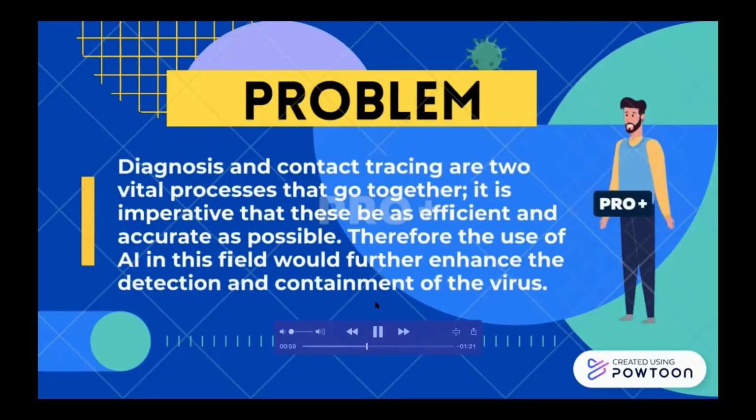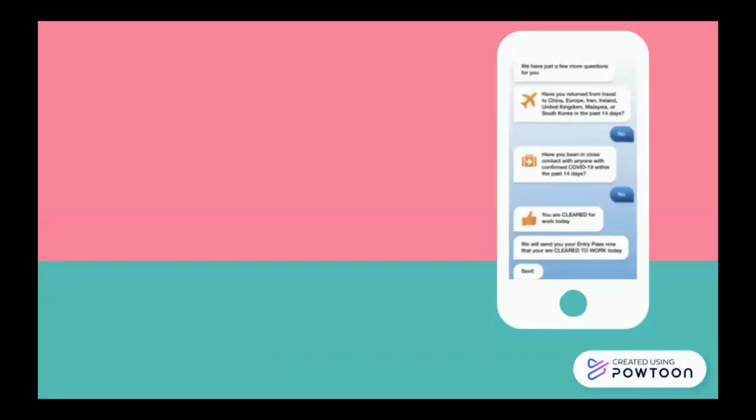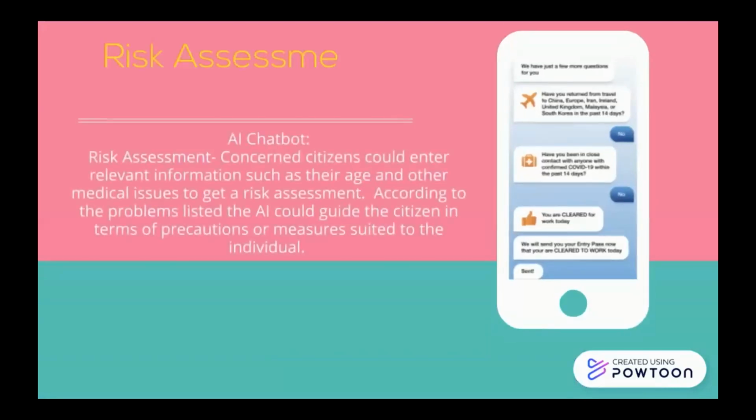Now I'll be outlining the main features of the app and how they work. The first one is risk assessment and diagnosis. Like a lot of people mentioned, the AI chatbot is part of my app. The AI chatbot would ask people questions regarding their medical details and their age, and then evaluate the risk assessment, or how prone they are to getting the virus.